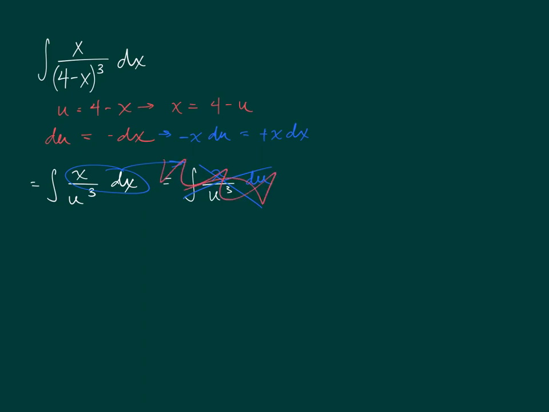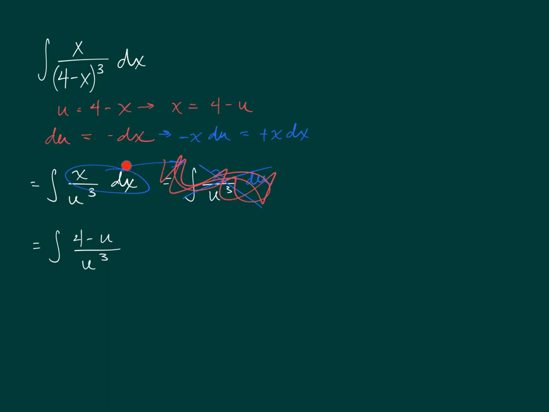So we can't do this here, but what that allows us to do then is to rewrite this particular integral as 4 minus u over u cubed, because 4 minus x is equal to u. That's fine, so we replace that with u. But if we solve for x, now x is equal to 4 minus u, which allows us to replace this x in terms of u.